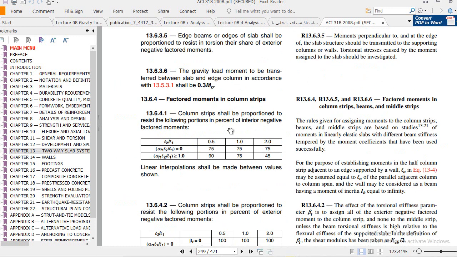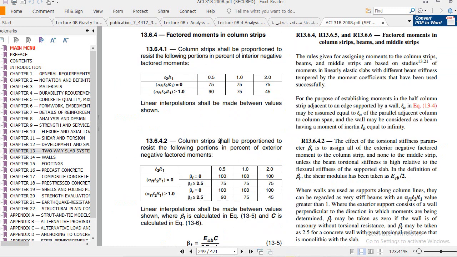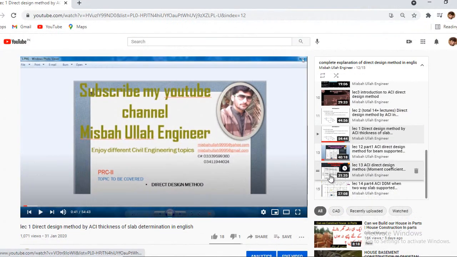Now how to interpolate those values, and what are those graphs? These are the graphs and tables which I already explained in these videos, thoroughly.